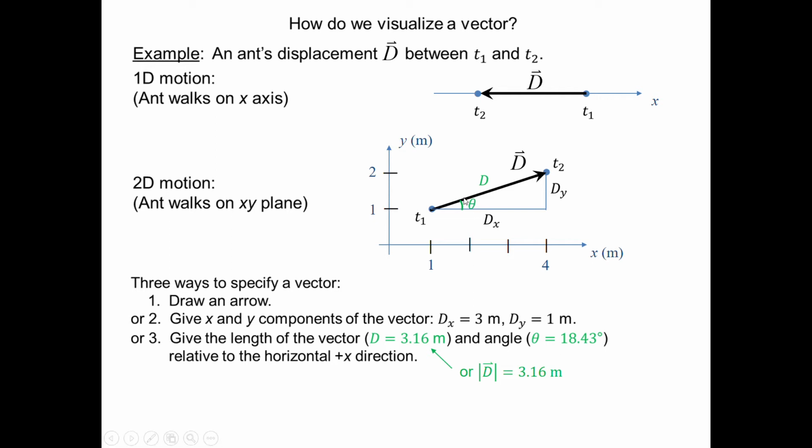And how do I calculate this angle theta? Well, I could use some of our right triangle facts, like the fact that tangent of theta is opposite over adjacent here. So tangent of theta is 1 over 3, and therefore theta is the inverse tangent of 1 over 3. So I go into my calculator.